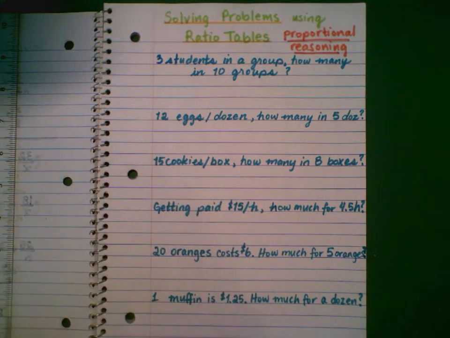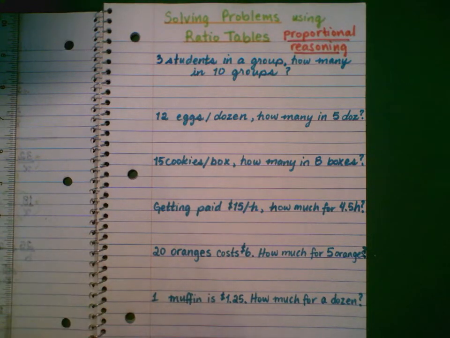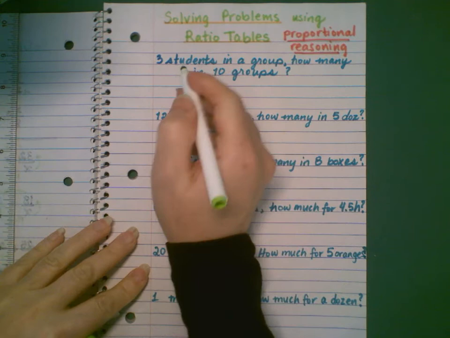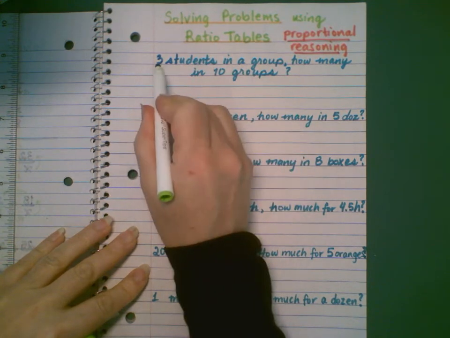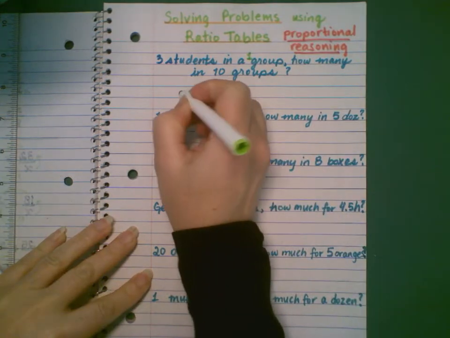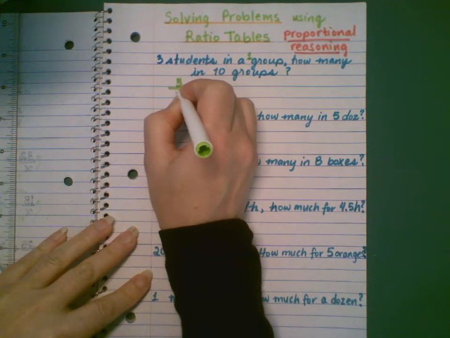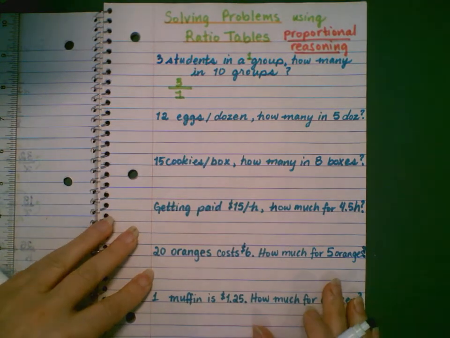All right, first problem is 3 students in a group, how many in 10 groups? So the way that I set up my ratio table is I start with the initial relationship, which is 3 students in one group. So I'm going to put 3 over 1 like this.